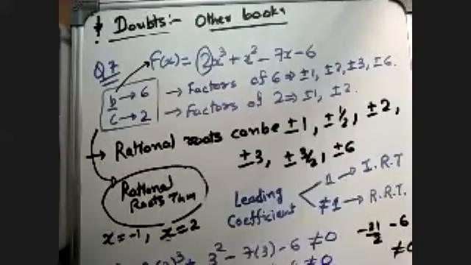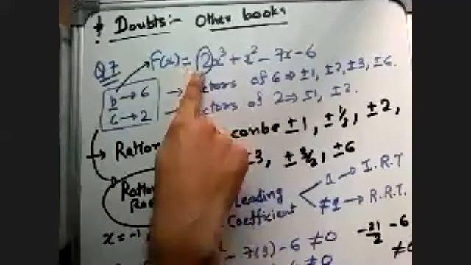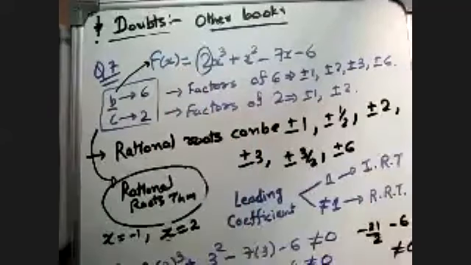So here, if you observe its leading coefficient, it is 2, and its constant coefficient, it is minus 6. So what rational roots theorem states?